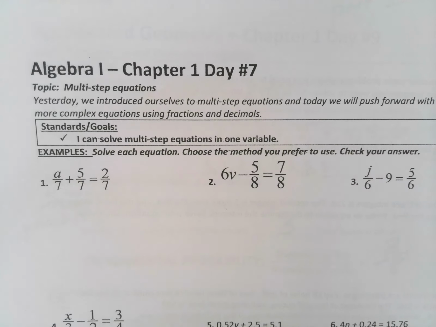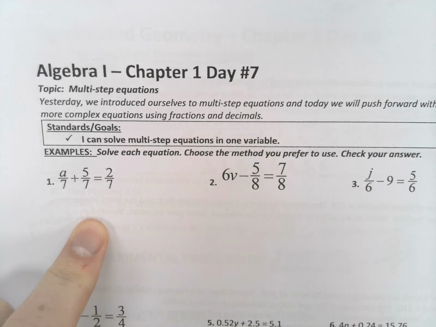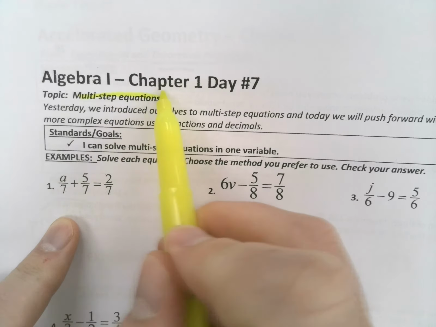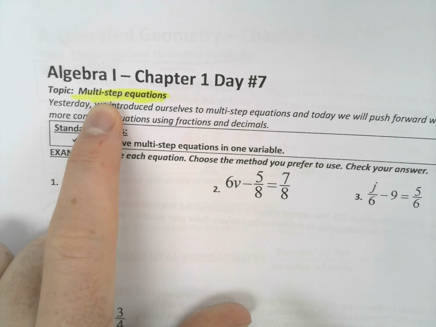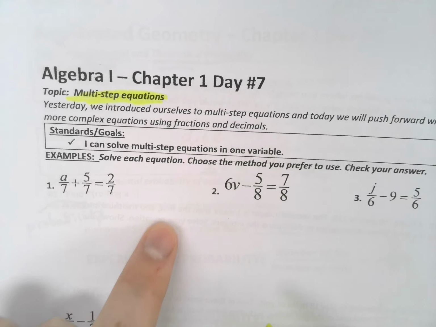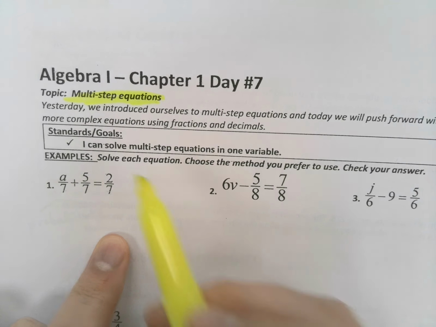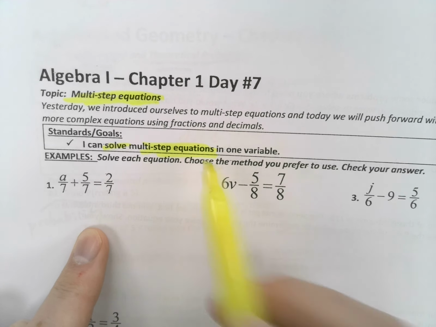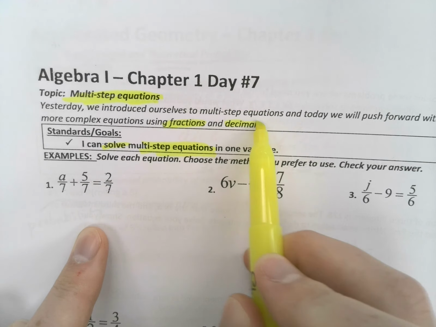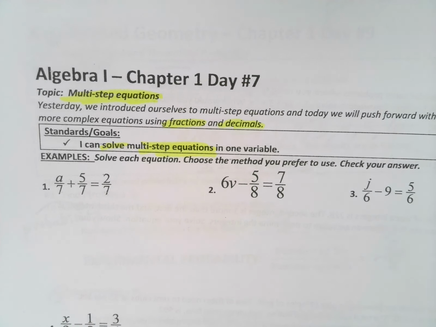Now, this takes us to day number 7. And something you're going to notice is our topic is virtually the same as day 6. We're really wanting to spend some time working on these multi-step equations. The standard is even the same, solving multi-step equations. But guys, the key today is going to be, we're going to see some fractions and decimals. And one of the big things that a lot of students do in algebra is they start to panic when they see fractions and decimals.